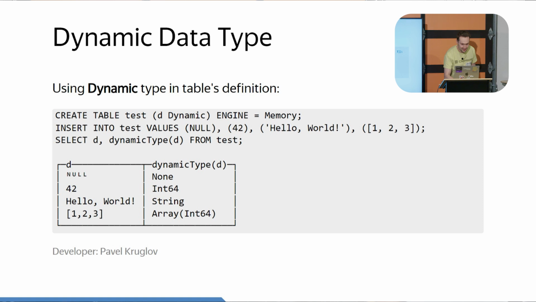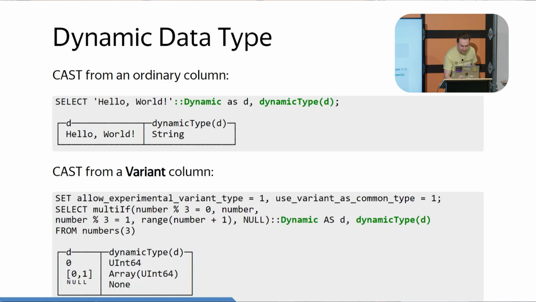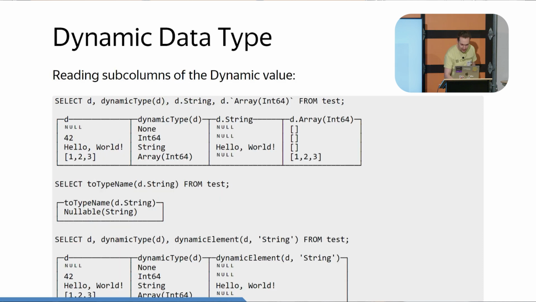And then I'm introspecting it by selecting it back, and I'm also introspecting its real data type. The same, I can also cast anything into the dynamic data type. I can cast it from the variant column, and I can read subcolumns with this syntax. I will read only the data of particular types.